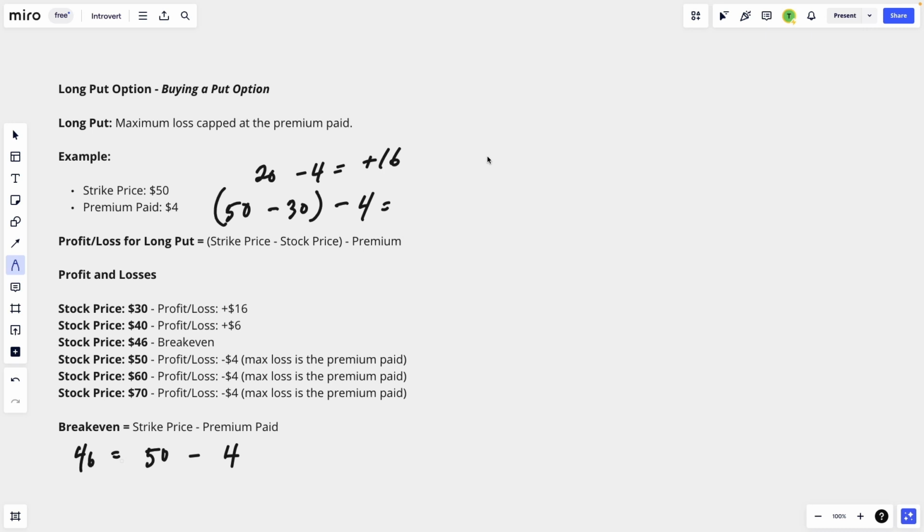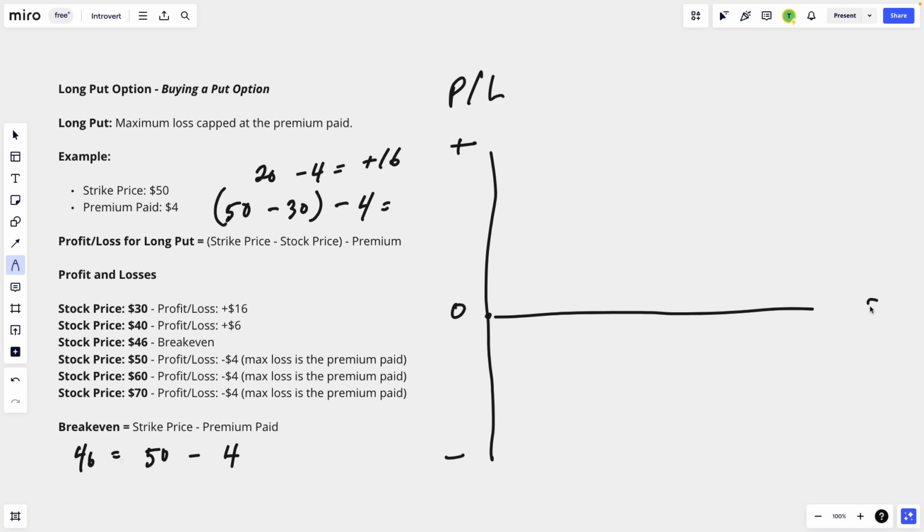So let's chart this one on our profit and loss diagram. This is our profit and loss, and we've got profits on the y-axis and losses down below. Right here we've got 0, and we've got our x-axis. Again, this is the stock price. So stock price on the x-axis, and then profits and losses on the y-axis.